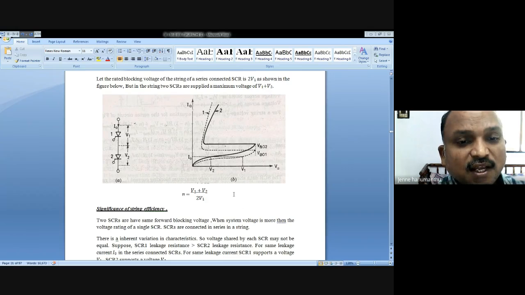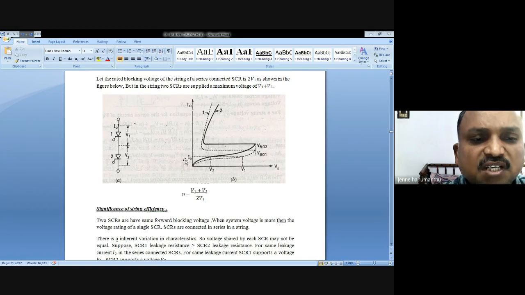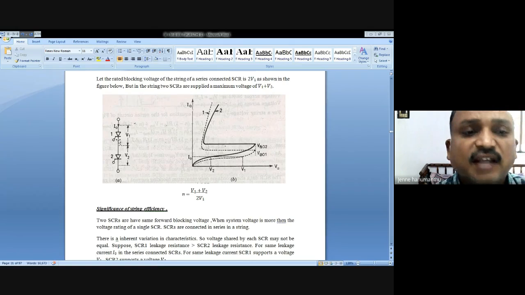Remember the voltage. See, thyristor 1 may give some leakage current I naught at V1 voltage. When anode voltage is at V1, we have a leakage current I naught.